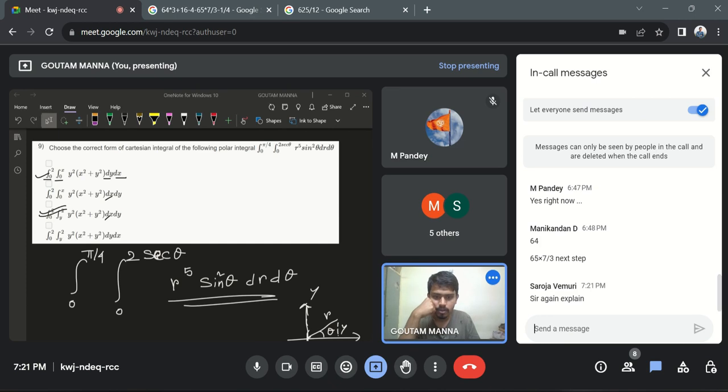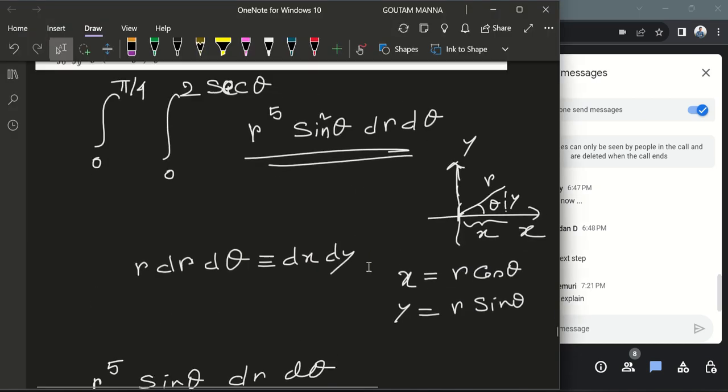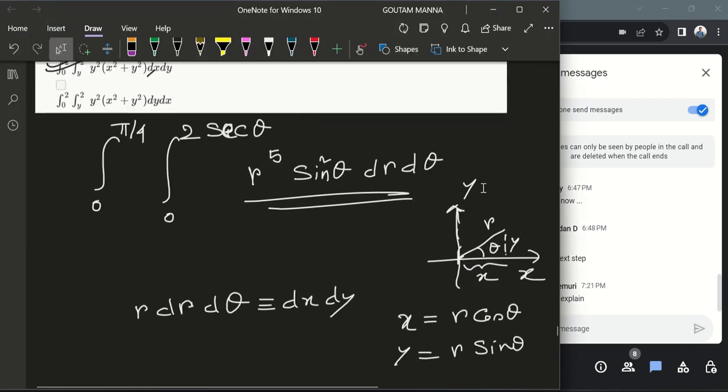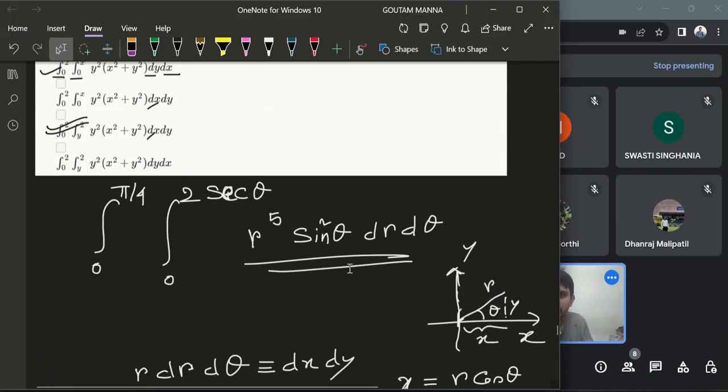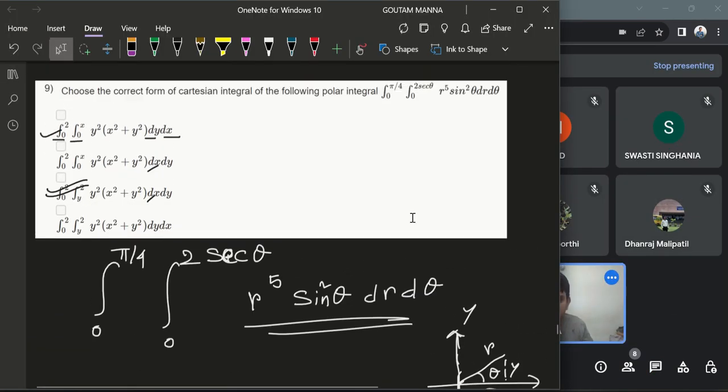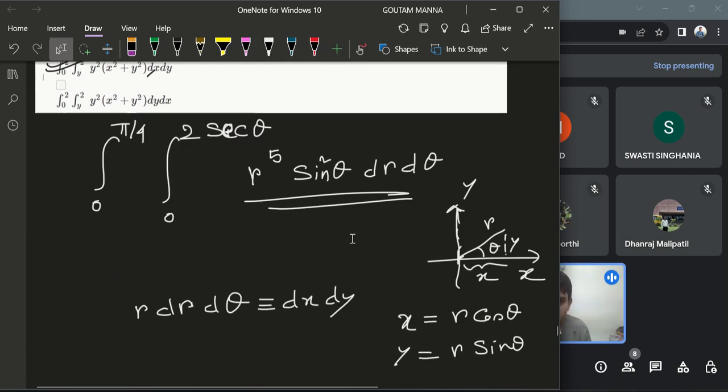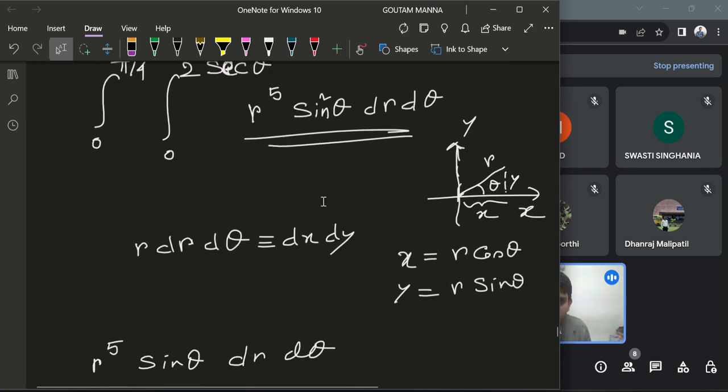Okay, let me explain it again. So this is an integration in polar coordinates, right? So we have to convert this integration into Cartesian coordinates.